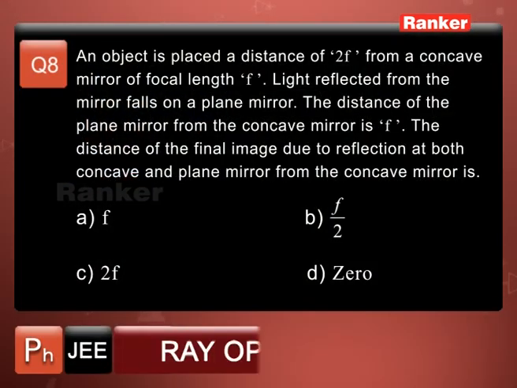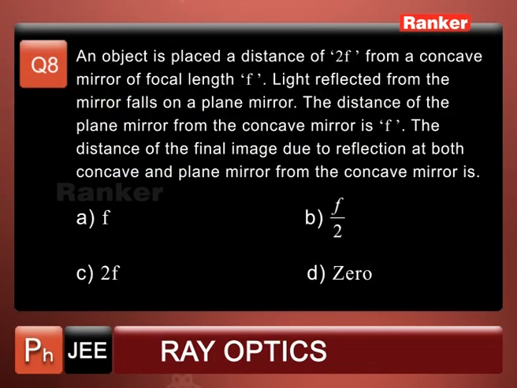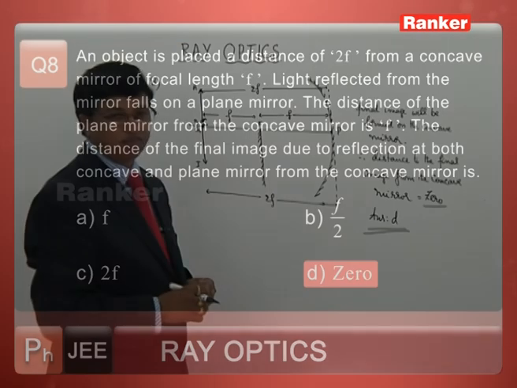So out of all the 4 options given, you check once again. The first option is f. The second option is f by 2. The third is 2f and the fourth option is 0. So what is the correct option for us? It is 0, which of course tallies with the fourth option given in the problem.